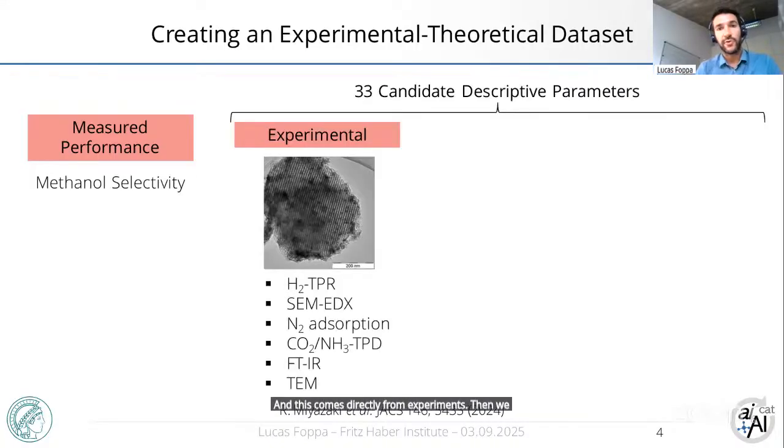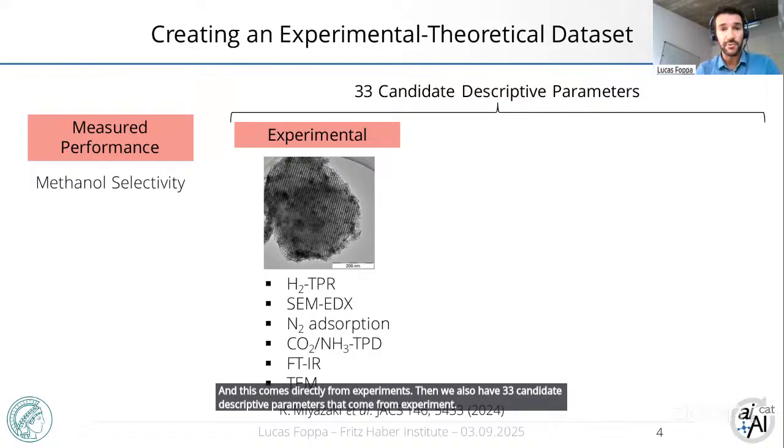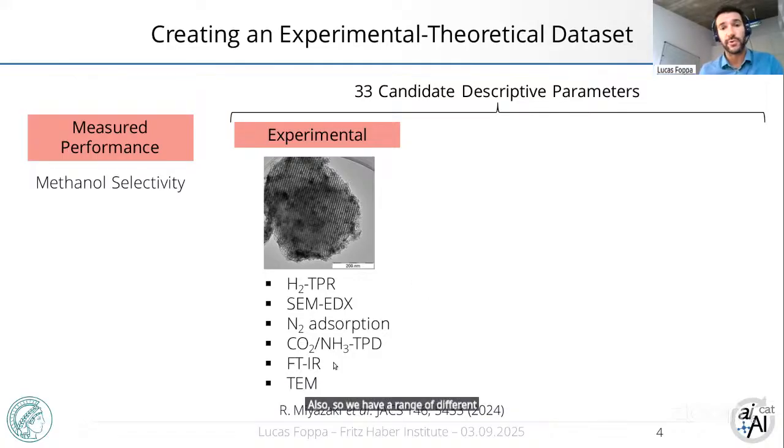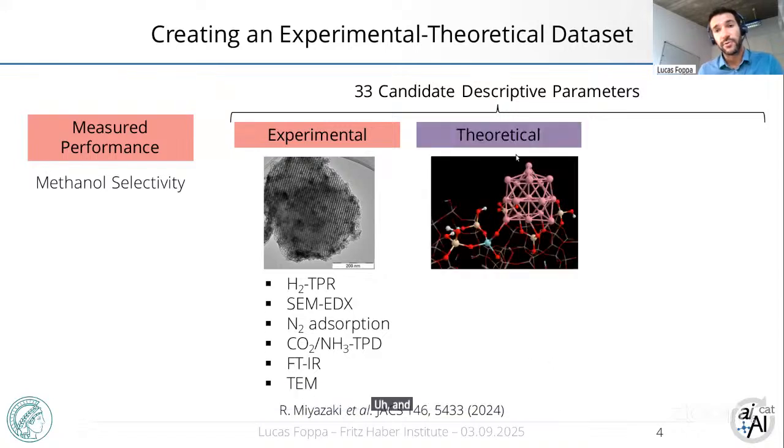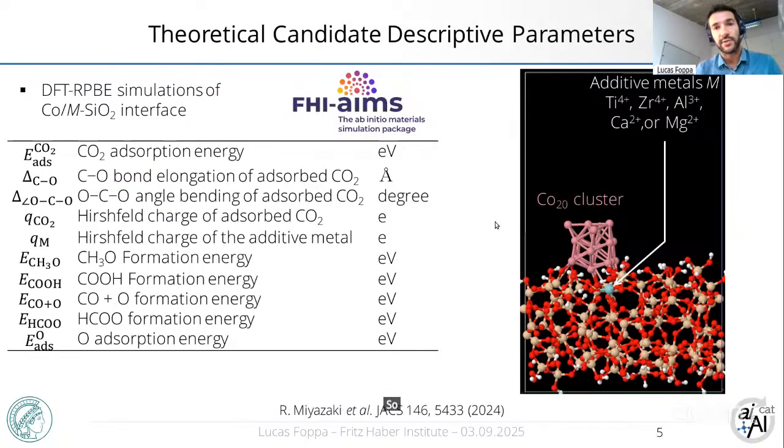Then we also have 33 candidate descriptive parameters that also come from experiment. A range of different techniques were utilized to characterize these materials. And now we also have theoretical parameters that come from simulations on a model system. Here I say a few words about these simulations. These are simulations done using DFT RPBE with the FHI-aims code.